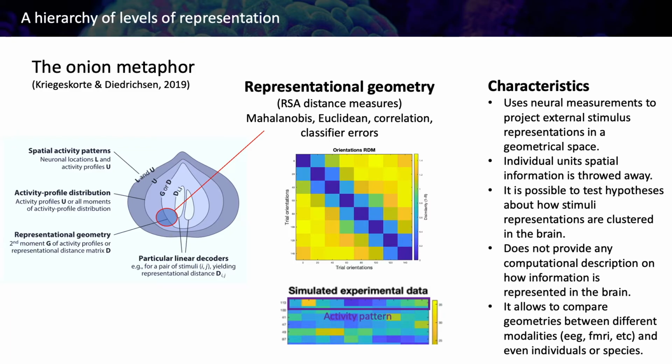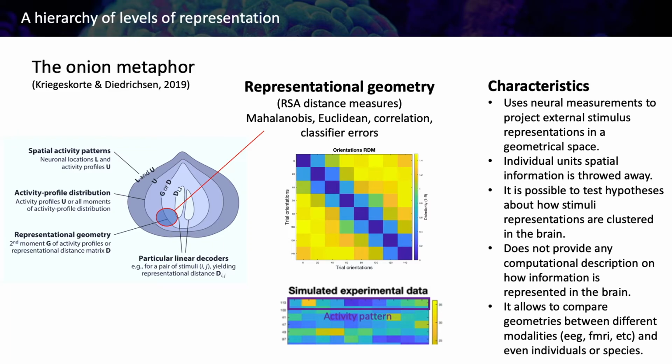Individual units, as in classifier analysis, are also thrown away, so you don't have access to individual unit contributions. Then, as I said, you can test hypotheses if you predefine some a priori dissimilarity models based on some task properties or stimulus properties.